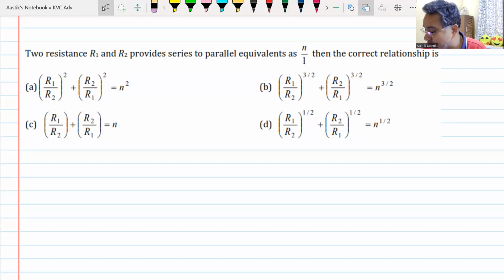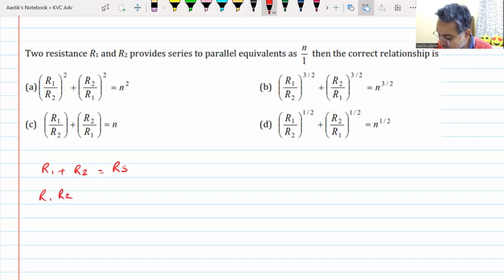Well done. So series combination is R1 plus R2, that is R series. R1 into R2 divided by R1 plus R2 will be equal to R parallel.